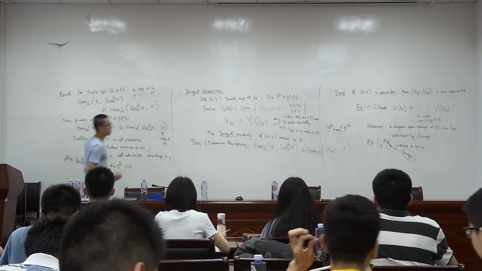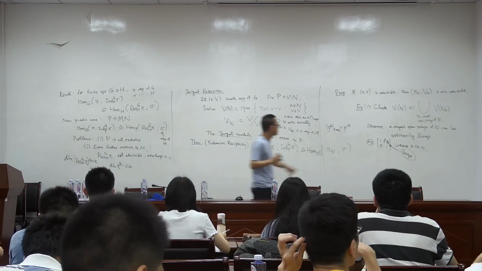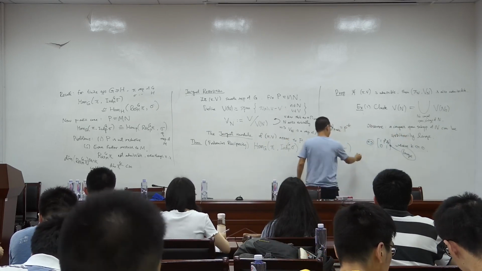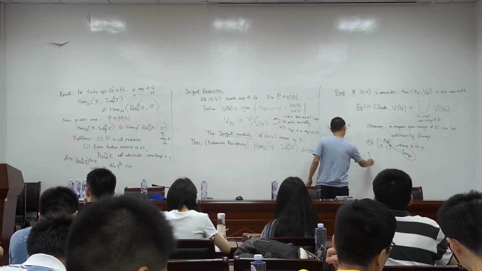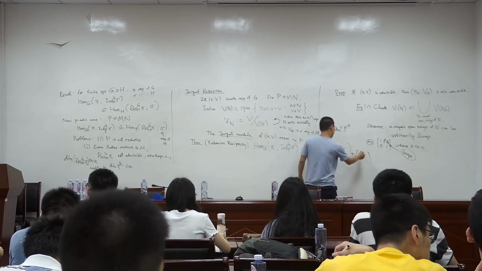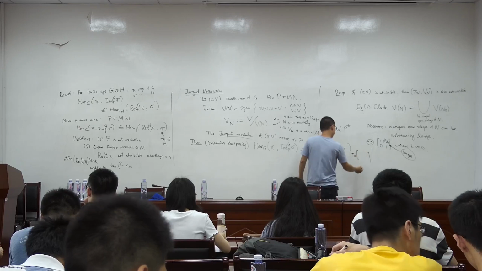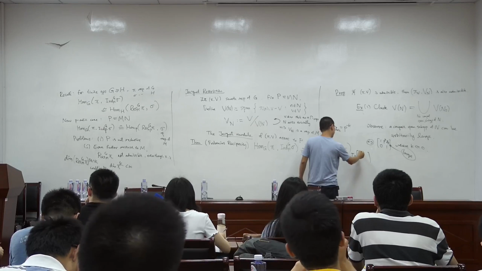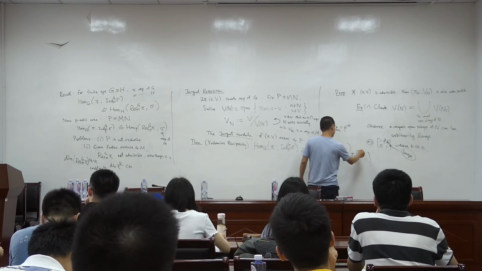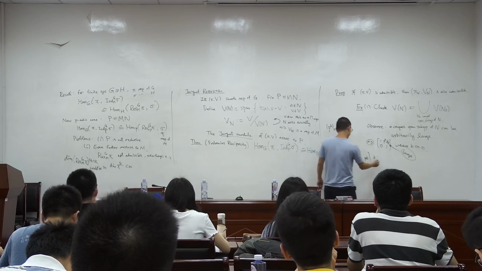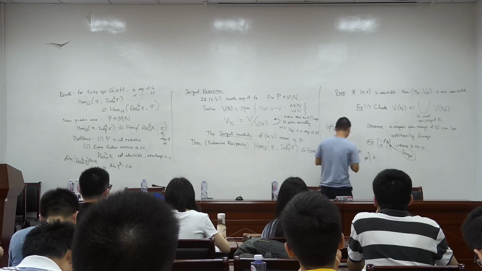And I should emphasize, you cannot do it for a reductive group. Say if you have a torus T, if you have a subgroup that contains an element like this, how should I say?